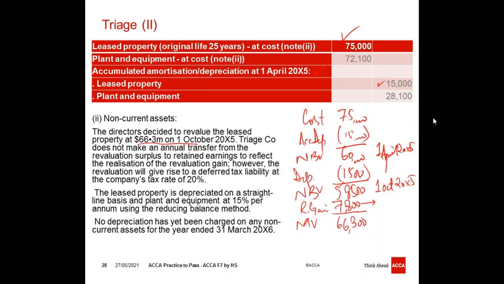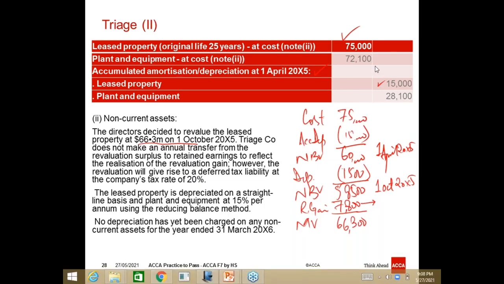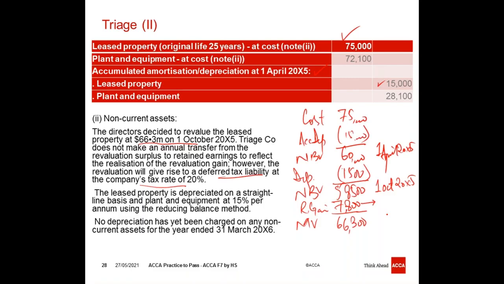The answer is yes. The revaluation will give rise to a deferred tax liability of 20%. When you take 20% of 7,800, it will be 1,560. And finally, you need to make the revised depreciation based on the remaining useful life.